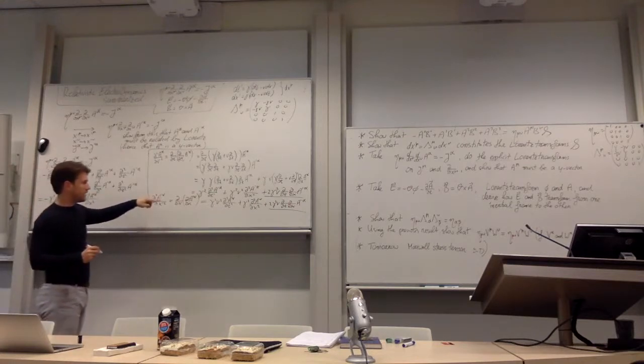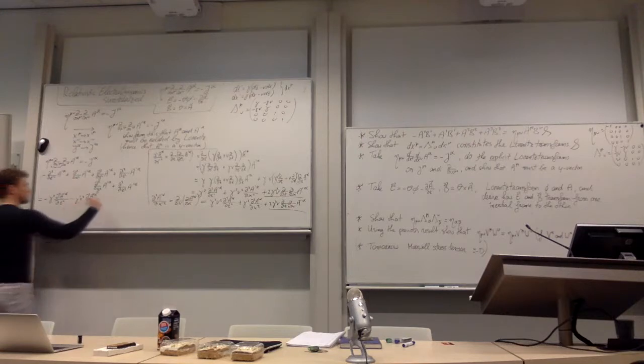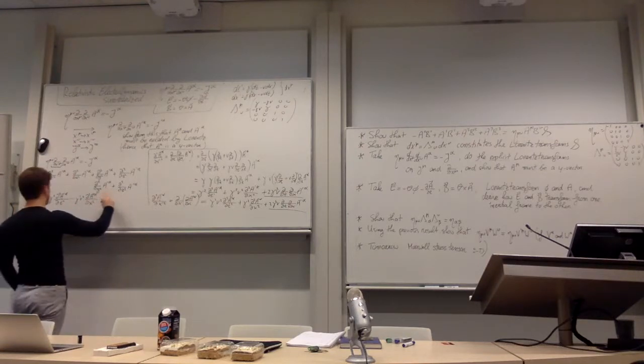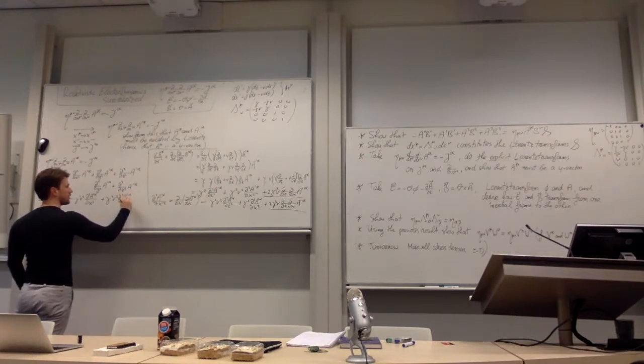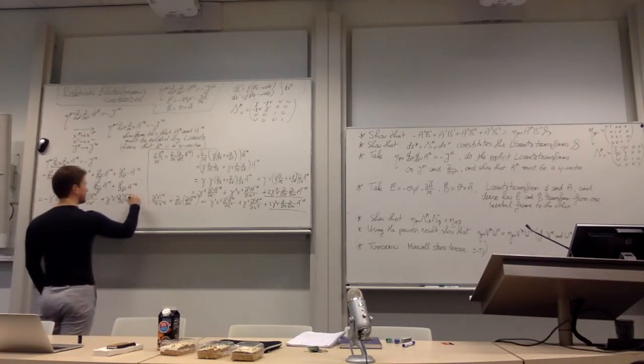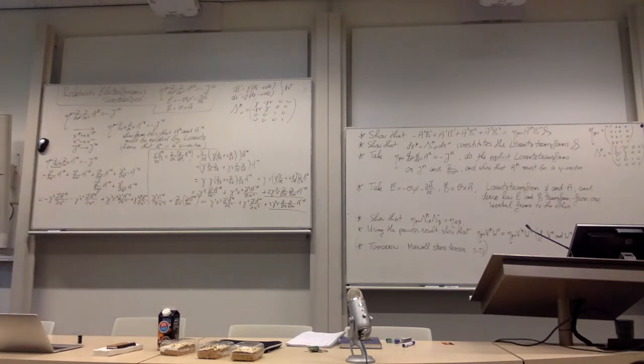All right, let's add that. That's this thing. Plus gamma squared v squared plus gamma squared. Agreed? So that's these two.